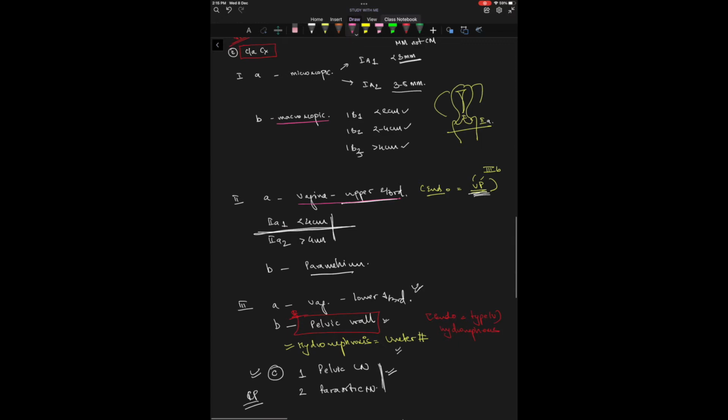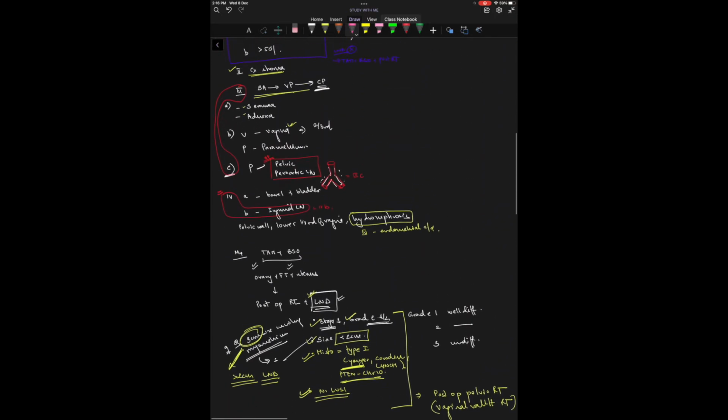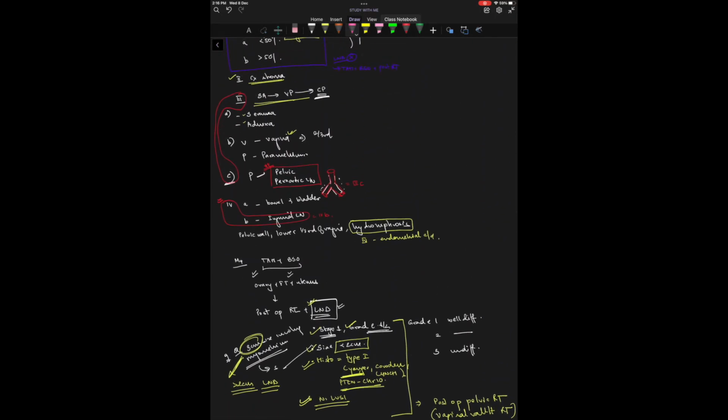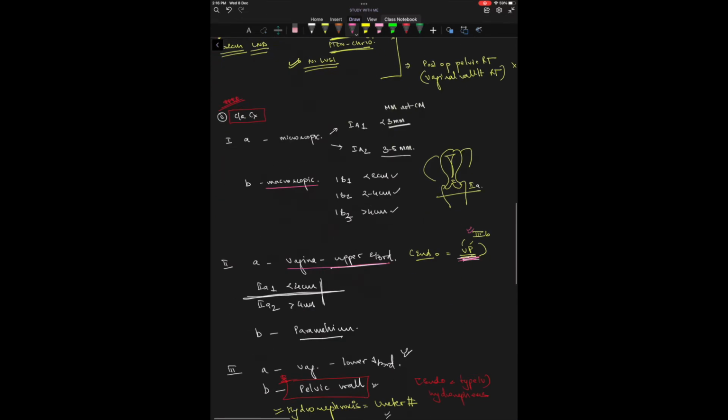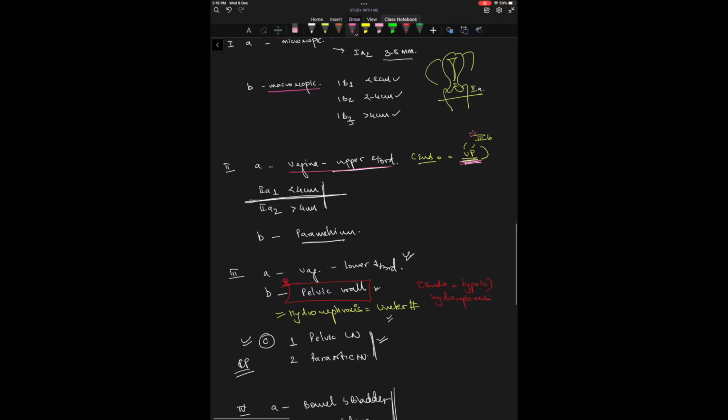Remember in endometrial cancer, this was VP, vagina and parametrium, which was being involved in stage 3B. Right, let's check it. So yeah, stage 3B, vagina upper 2/3 was involved, but here since vagina is in close proximity to the cervix, right, so it will be involved in stage 2 itself, and that too stage 2A.